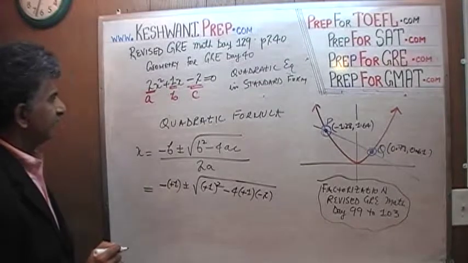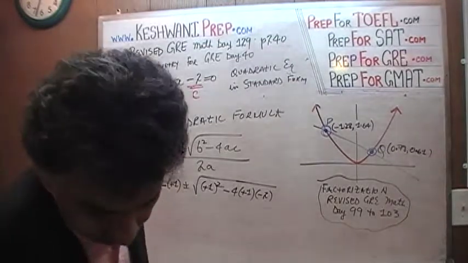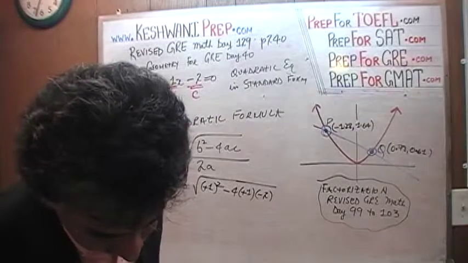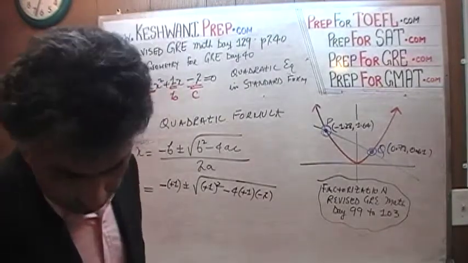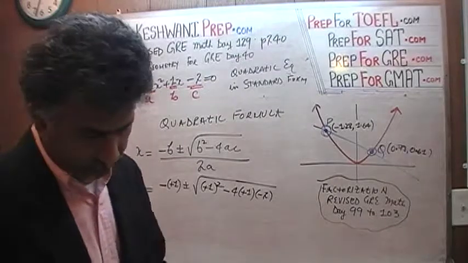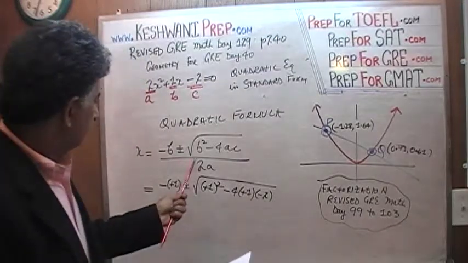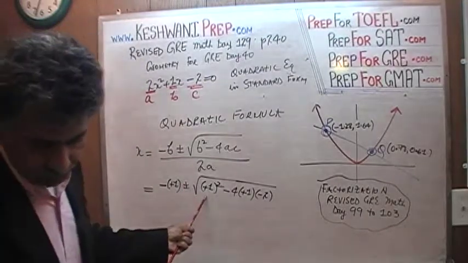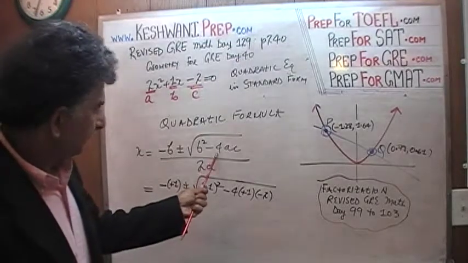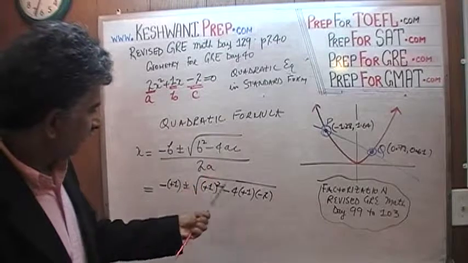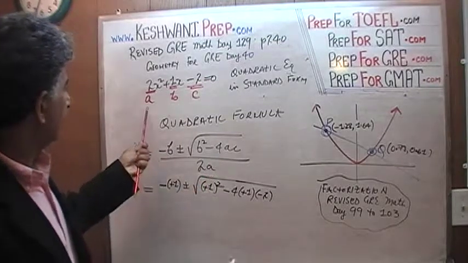Now something does not seem right. That is not what they have here, is it? They've got 17 in the parentheses, and so do I here. B squared is 1. I'm trying to figure out where I made a mistake. Minus 4ac. Ah, a is 2.